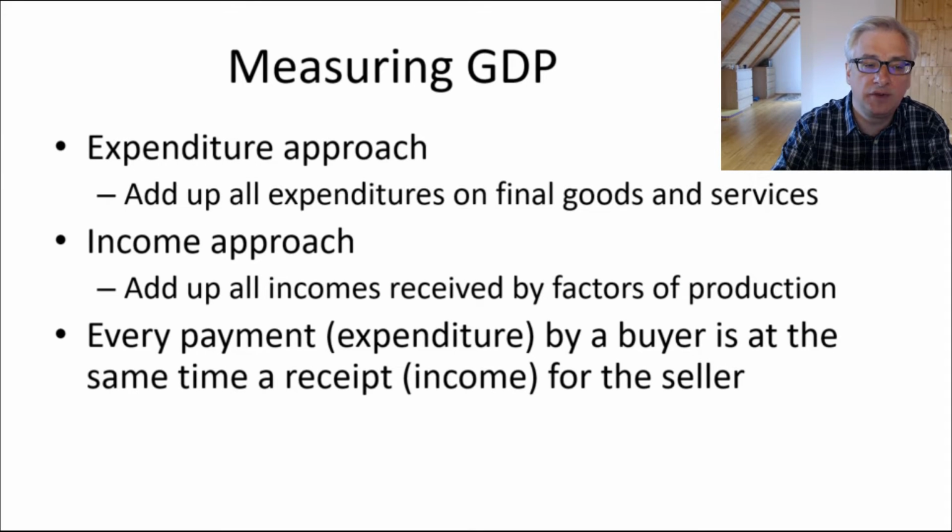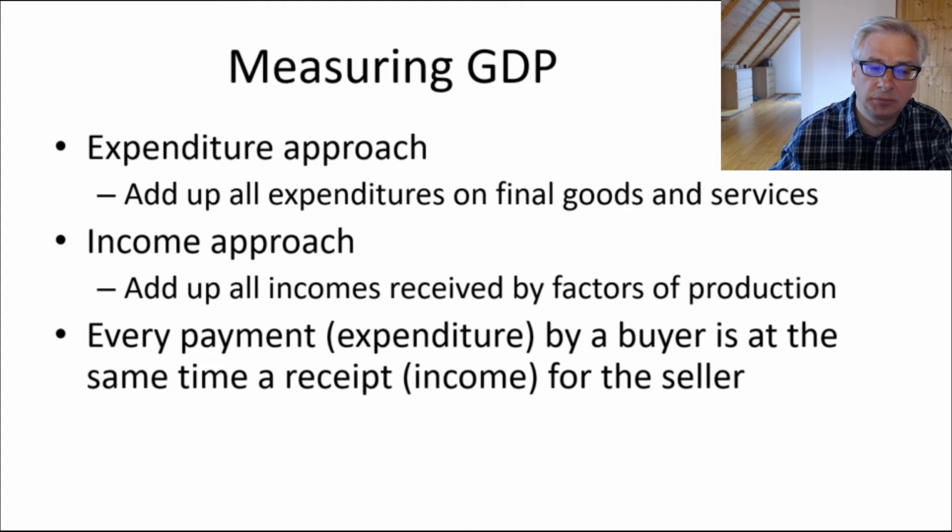So if you get slightly, I repeat, slightly different results for the expenditure approach and the income approach, remember, this is because your estimation errors are different. Different when you estimate expenditures and different when you estimate incomes.